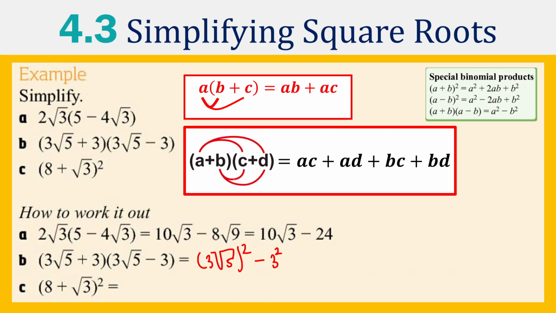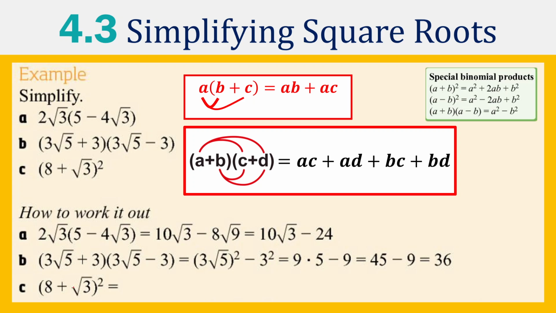Again, this works. Use it if you want to. I use the special binomial product here. So this thing squared minus this thing squared. The first thing squared is 9 times 5, because 3 squared is 9. And root 5 squared, the root and the square cancel each other out, giving me 5. And now we get 45 minus 9, which is 36.